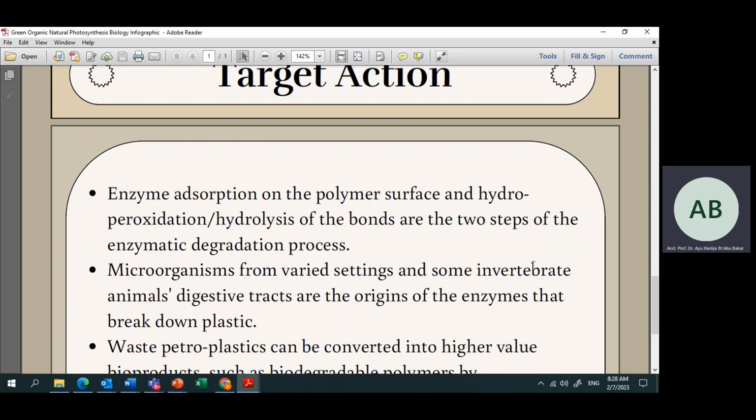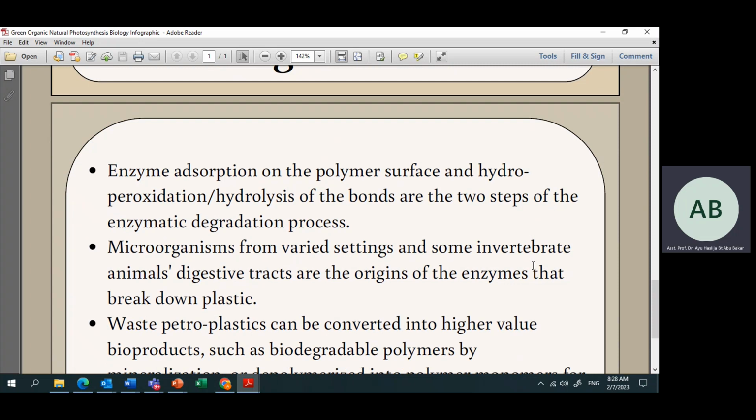The enzyme adsorption on the polymer surface and hydrolysis of the bond are two steps of the enzymatic degradation.